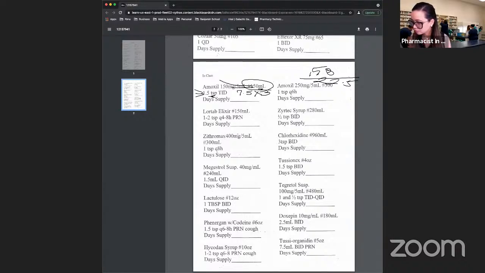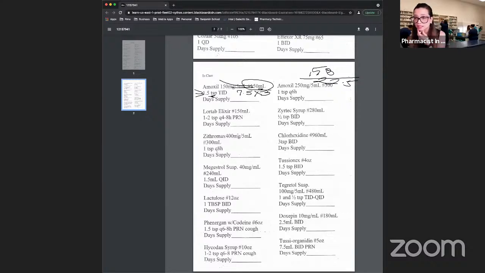Tony? 150 divided by 22.5 is... Is it 6 days?